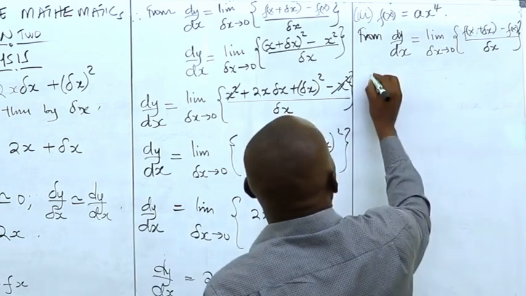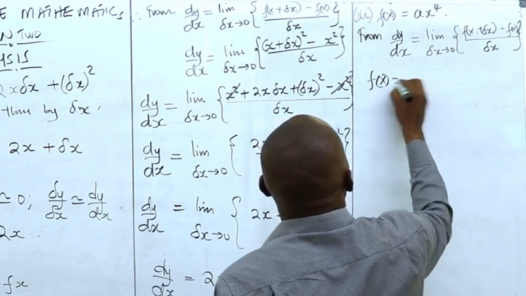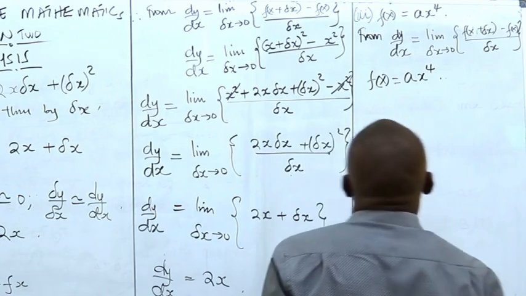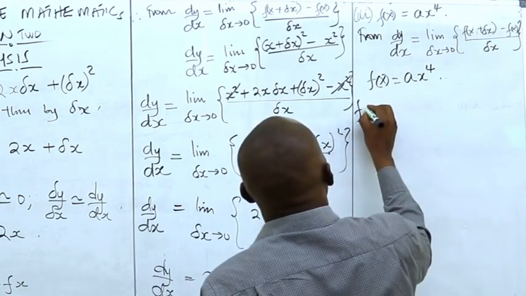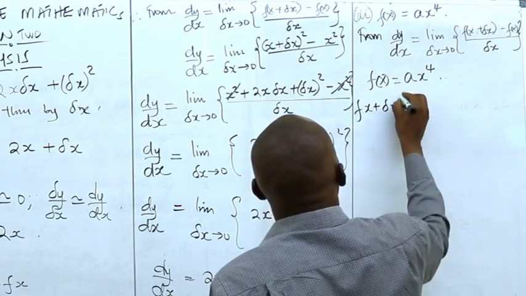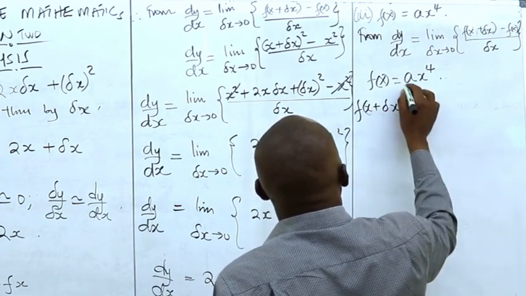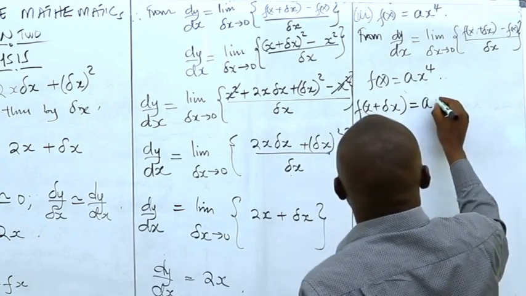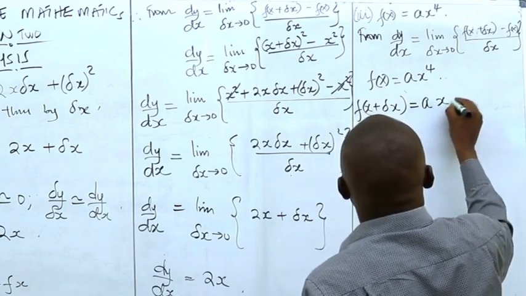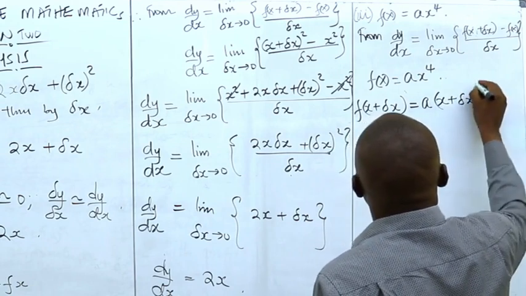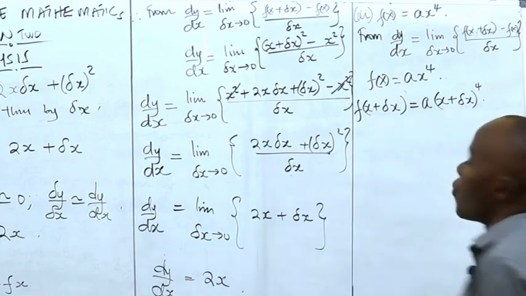So my f of x is ax to the power 4. Then what is my f of x plus delta x going to be? My f of x plus delta x is going to be a, then we have x plus delta x, everything to the power 4.